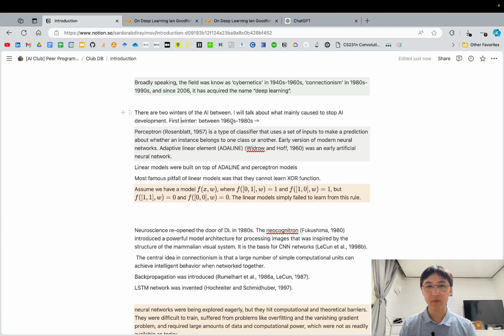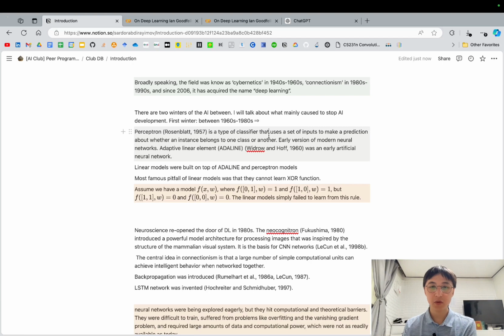So, the first winter, between the 1960s and 1980s. Rosenblatt, in the 1950s, published a paper and created the perceptron, a type of classifier that uses a set of inputs to make predictions about whether an instance belongs to one class or another. He gave it the name perceptron based on how the human brain works.